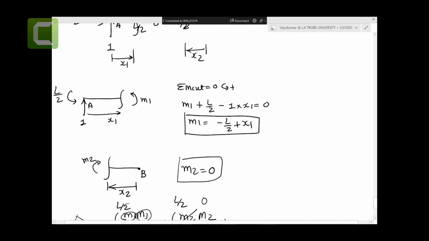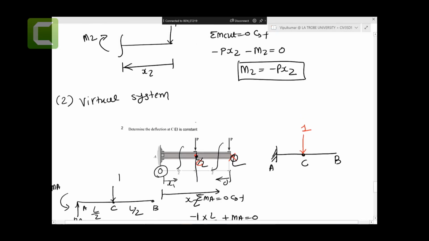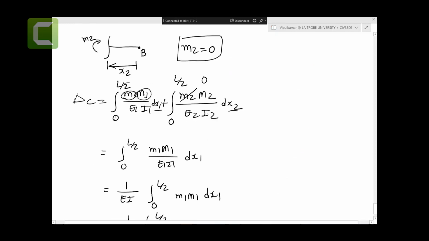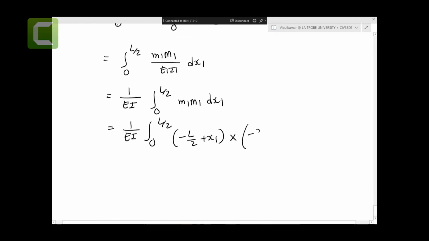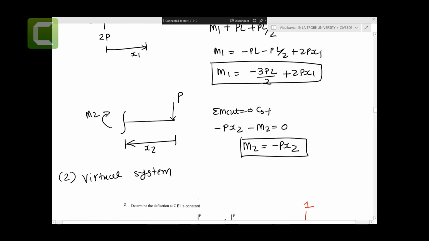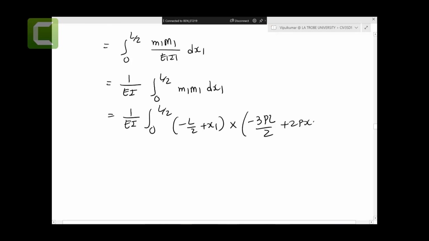Let's plug in the values. Small m1 is minus L by 2 plus x1. Capital M1 is minus 3PL divided by 2 plus 2Px1, and that is dx1. Understand? I just plugged in the values of small m1 and capital M1.